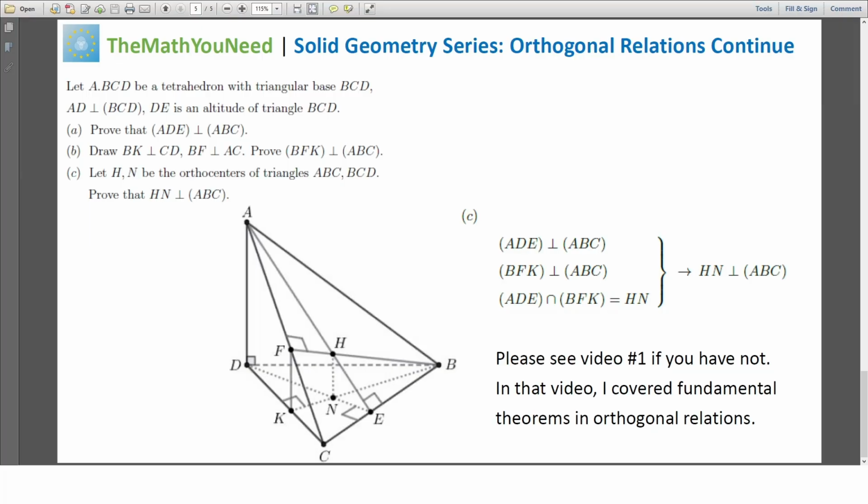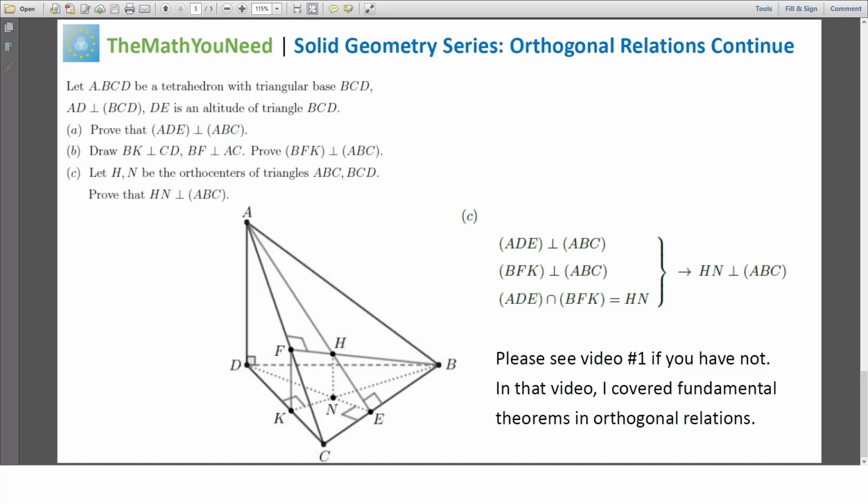Moving on to part C. In part A, we proved that plane ADE is perpendicular to plane ABC. Then in part B, we proved that plane BFK is perpendicular to plane ABC.